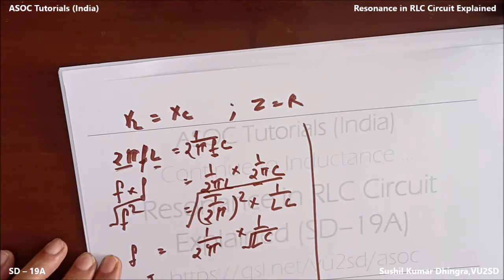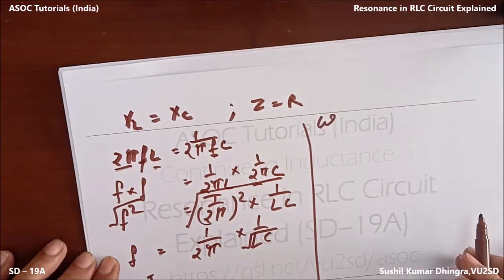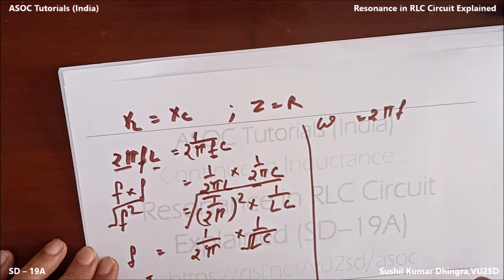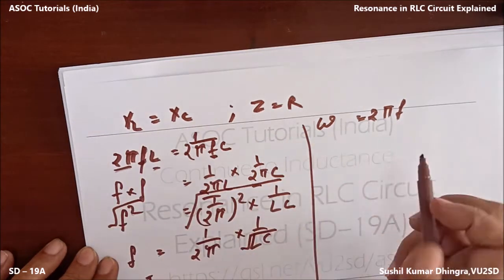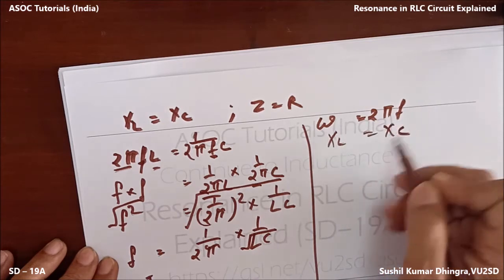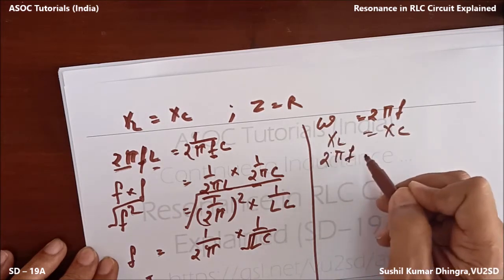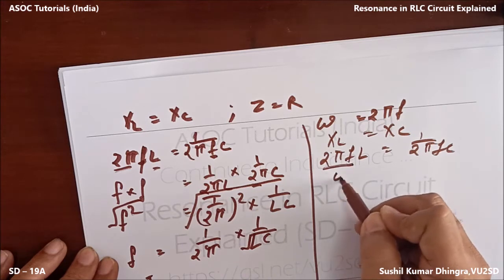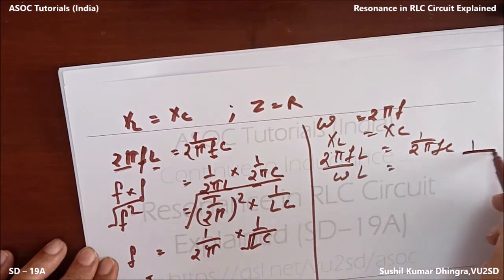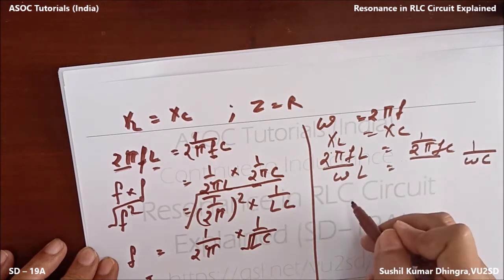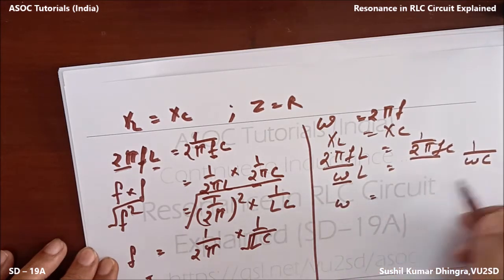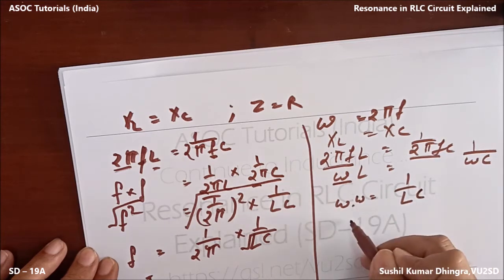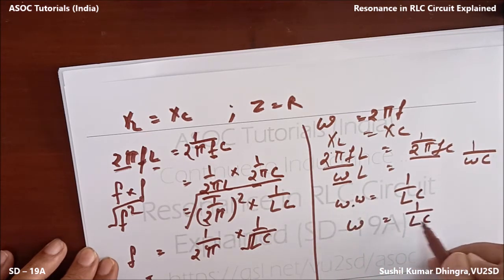In the same way, you may know that omega is equal to 2 pi F. If you want to know this value, using the same formula, XL is equal to XC, so 2 pi F L is equal to 1 by 2 pi F C. This 2 pi F is omega, so omega L is equal to 1 by omega C. So omega is equal to 1 by root LC.